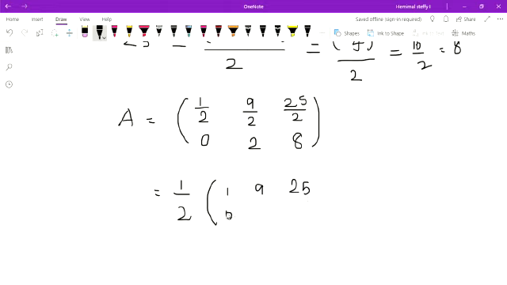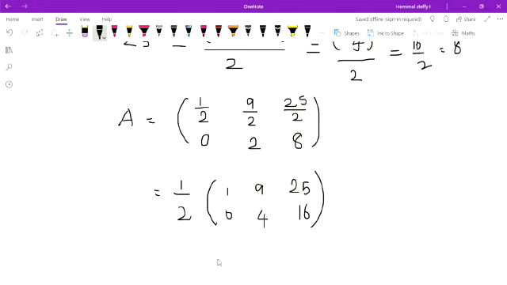Here, with 1 by 2 taken outside, what answer will we get? That is 4, and here 16. Understood that? Because 4 divided by 1 by 2 gives 2, and 16 divided by 2 gives 8.